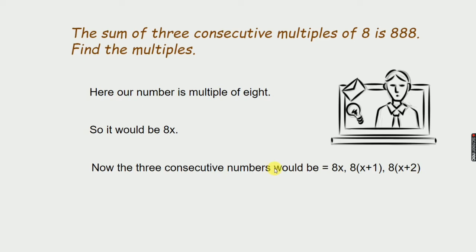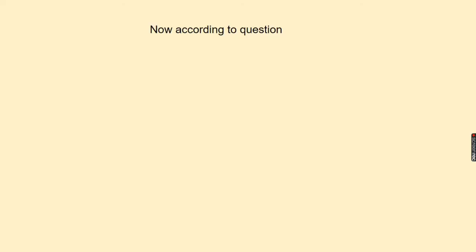So the 3 consecutive multiples of 8 are 8x, 8 multiplied by x plus 1, and 8 into x plus 2. Our statement says the sum of these is 888. So now let us add them.